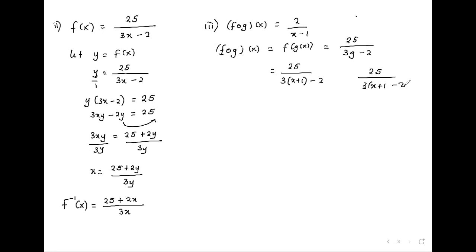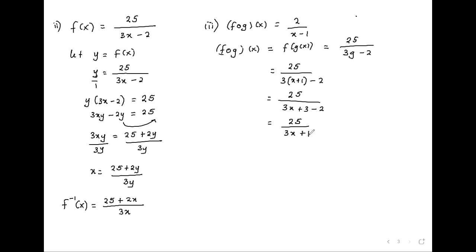So you put the brackets every time you are dealing with such multiplications. Then now we get 25 over 3x plus 3 minus 2. This is 25 over 3x plus 1. This is f of g.